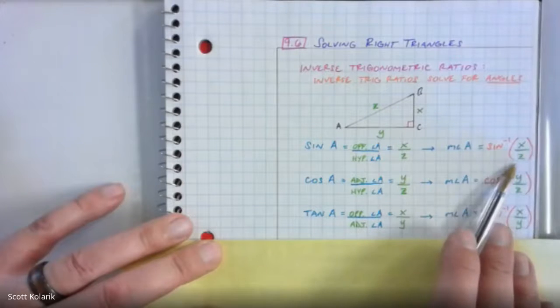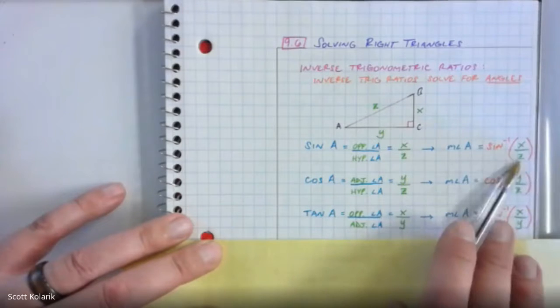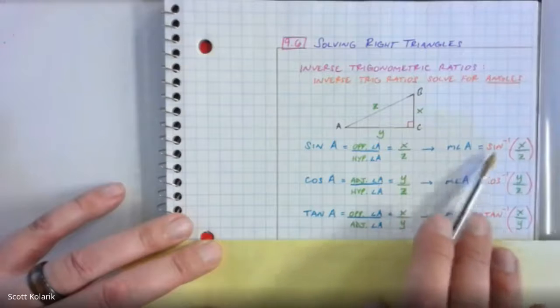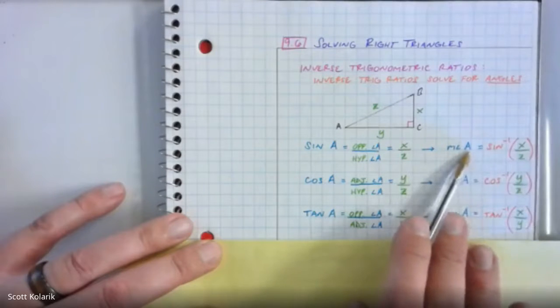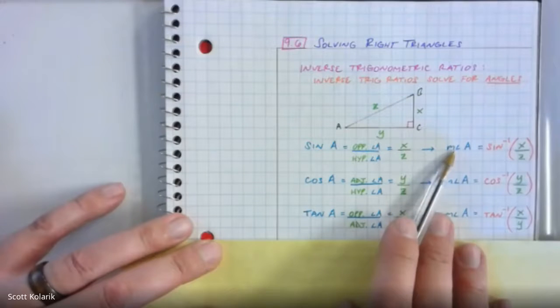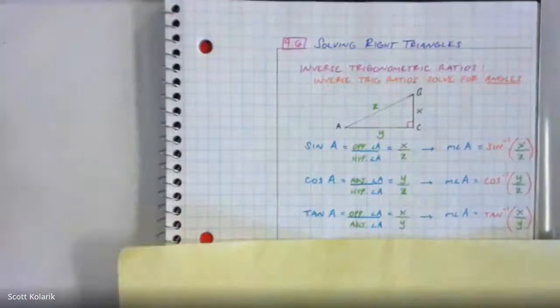So it may look scary, but this is, again, just a series of buttons to be pushed on a calculator. But whatever happens on this side of this crazy equation, the result is going to be some degree measurement of an angle. And this is really one of the more useful ways that trig ratios are used.